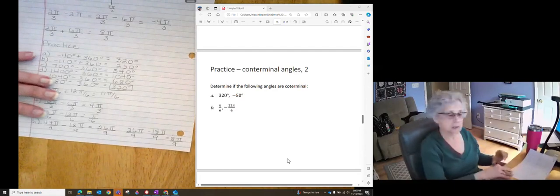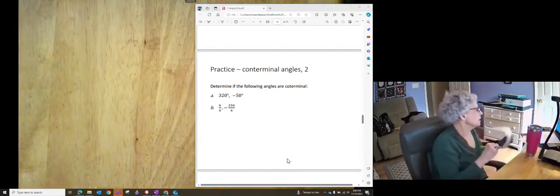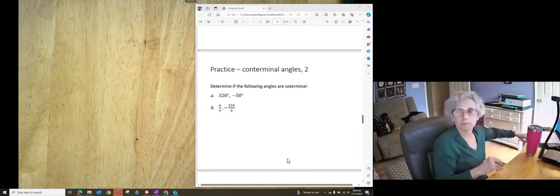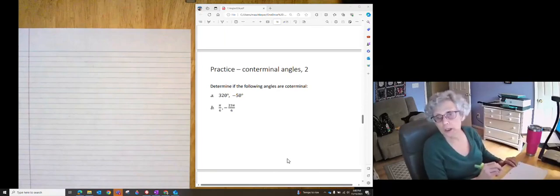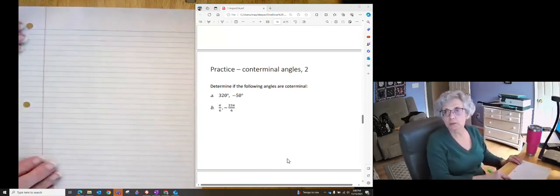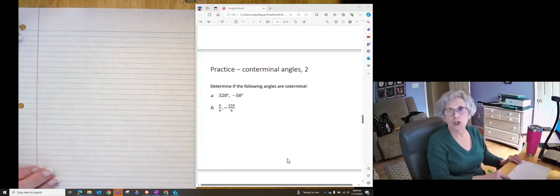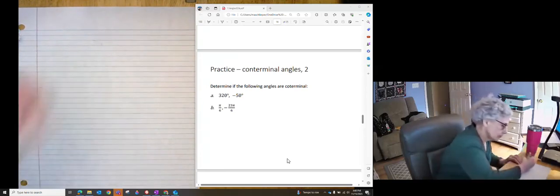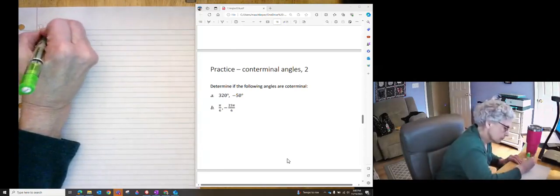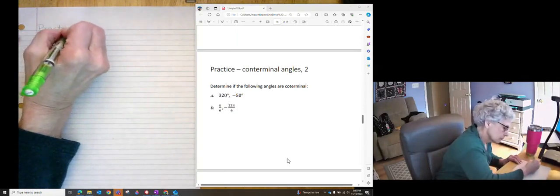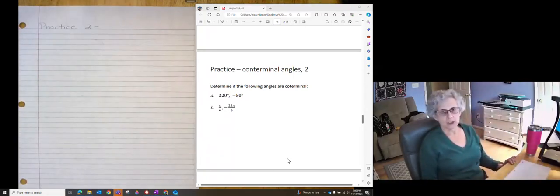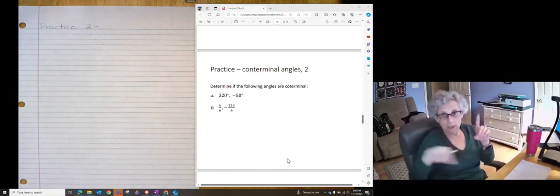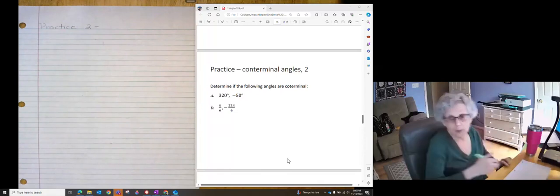Now this next practice is a little different, so let's do that one together. We'll do A together, then we'll pause and you can do B on your own. We want to determine if the following angles are coterminal. So that's just fancy math language for: can you get to one from the other in a complete circle?